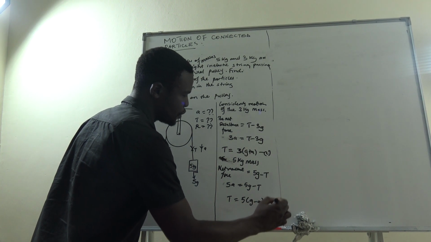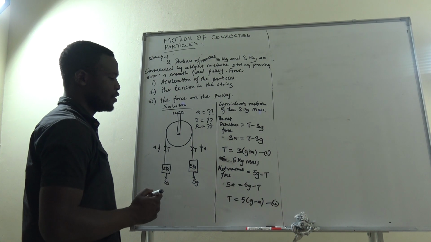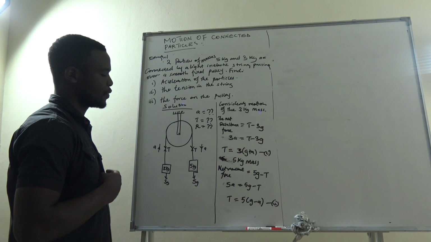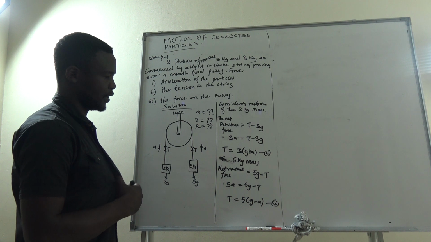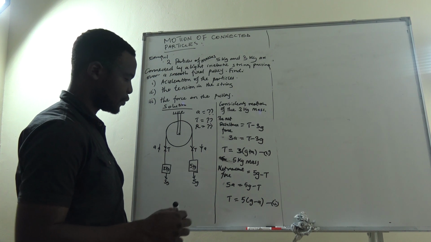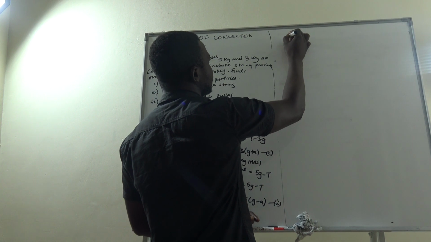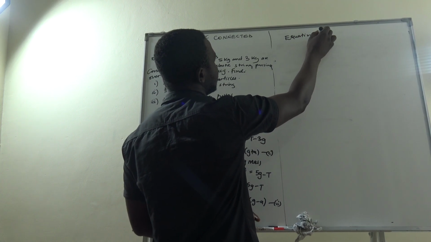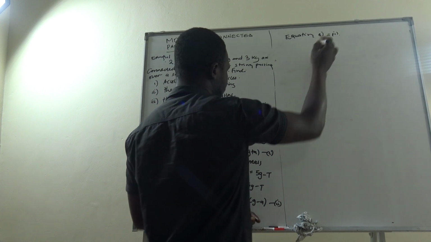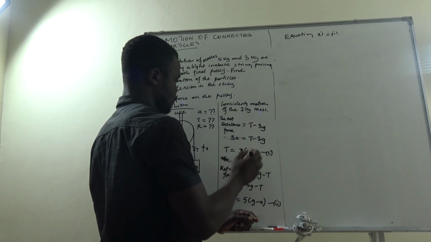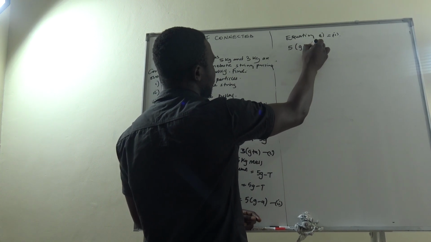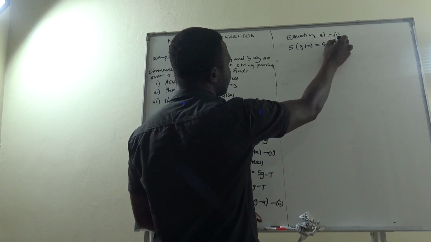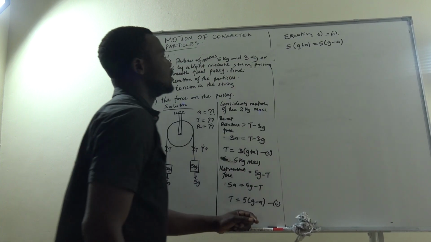Since we have our two equations, equation 1 and equation 2, these can be solved simultaneously, or we can just equate equation 1 to equation 2, because both are equal to T. So 3 times (g plus a) should be equal to 5 times (g minus a).